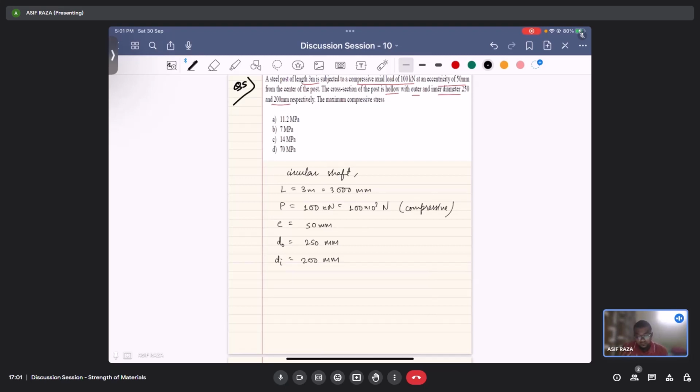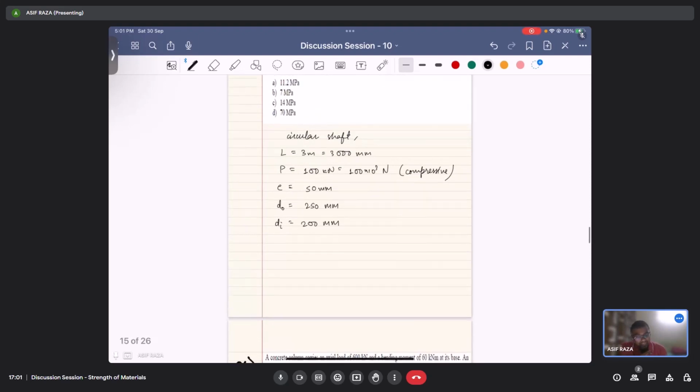So we need to find the maximum compressive stress. Okay, so let's solve this.